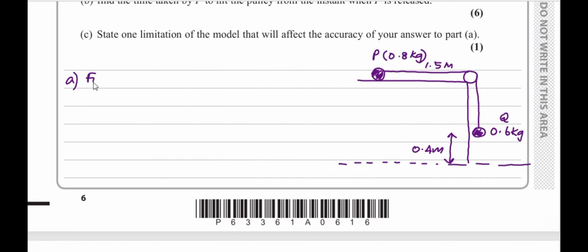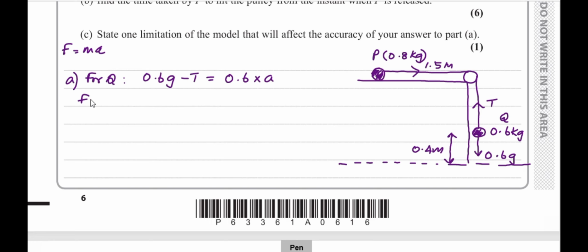Let's write for Q: 0.6g working downwards, and there is going to be a tension working on the other side. Since this is moving down, we could say 0.6g minus T is equal to 0.6 times the acceleration. We are following the equation F equals ma.